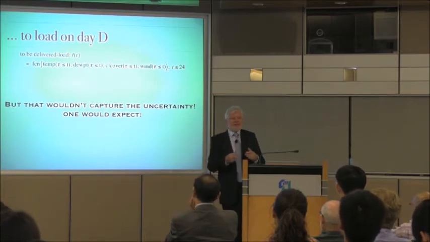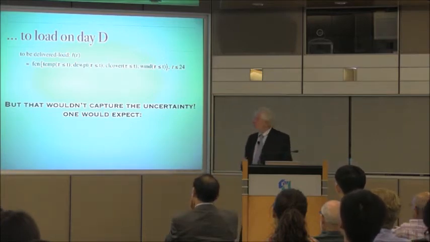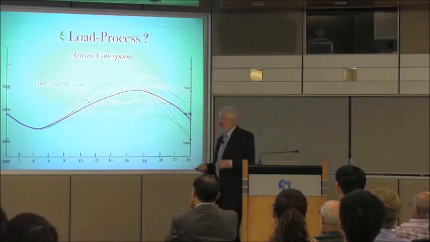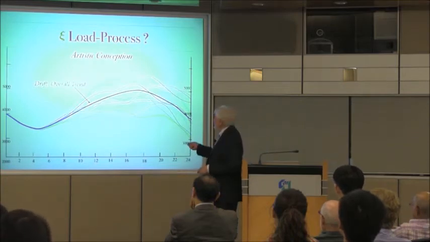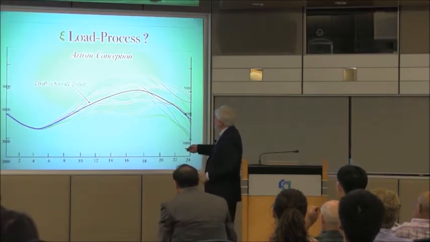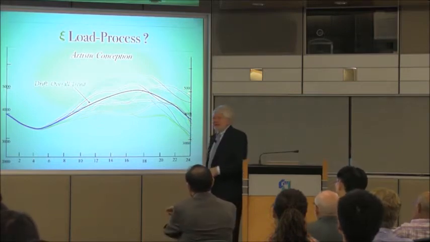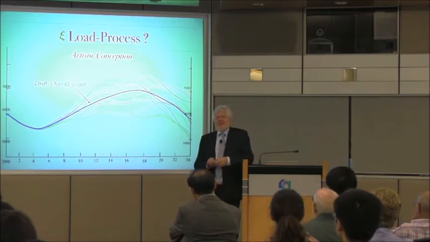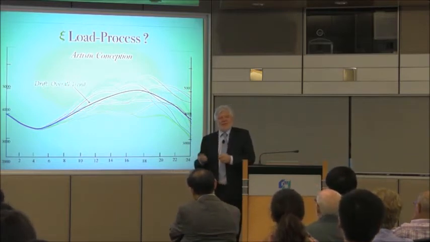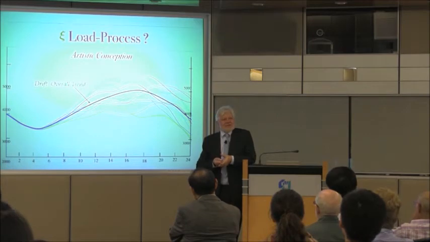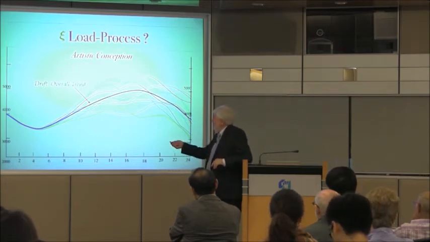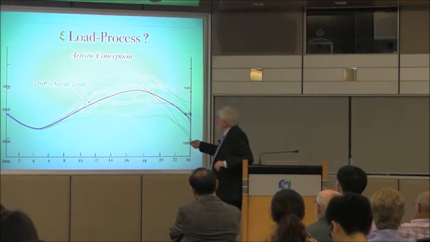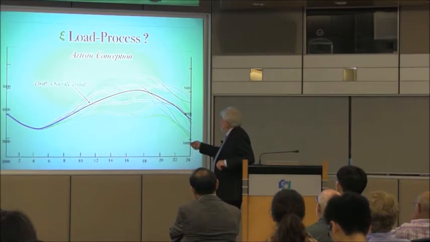And what should we actually see? What we actually should see is something like this. There's a middle tendency, and then there are many possible paths that the load may evolve during the day. In mathematical terms, this is called a stochastic process, because you look at the evolution of the load over time, and you say, this one is maybe the overall tendency, but there are many, many others.